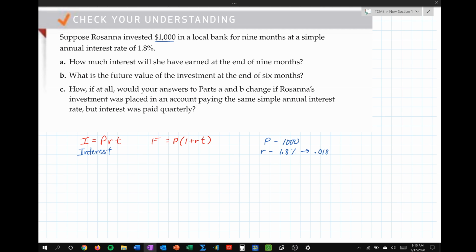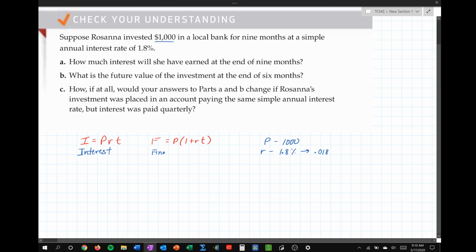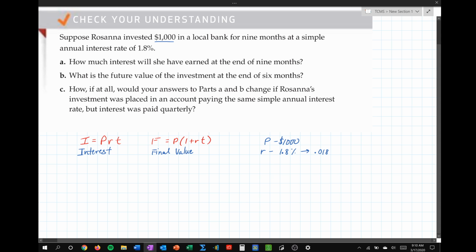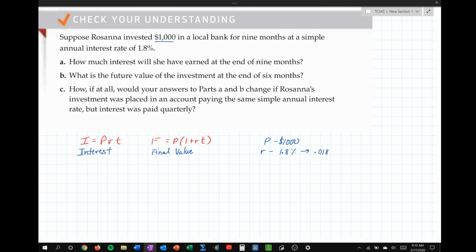So we had the interest formula, then we had the final value. When we looked at the question, it depends on what they're asking us, so we can decide which one to use. We decided that the principal was 1,000 and the rate is 1.8%, so that leaves us with 0.018.